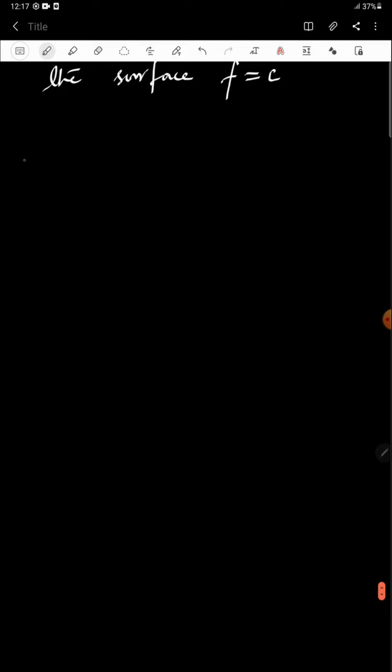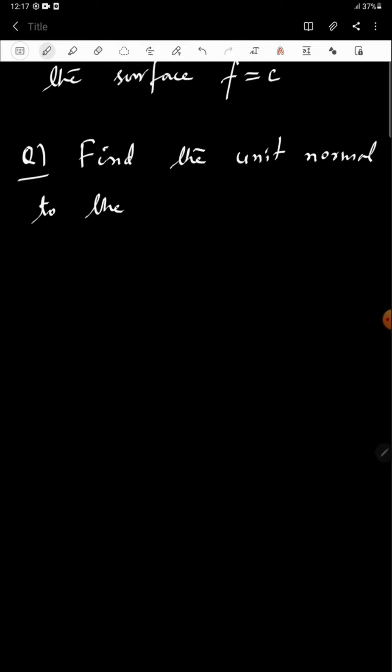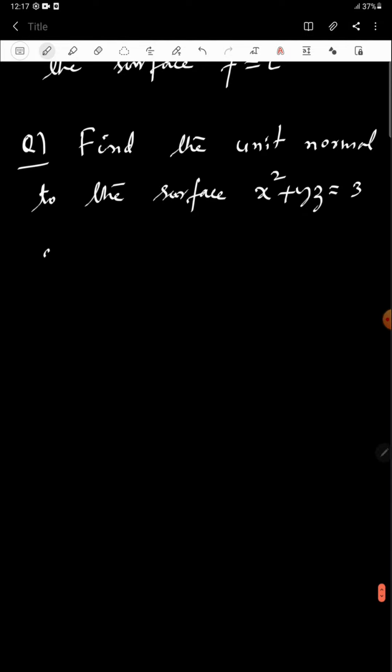Let's quickly have some question. Find the unit normal to the surface x square plus yz is equal to 3 at the point (1, 1, 2).